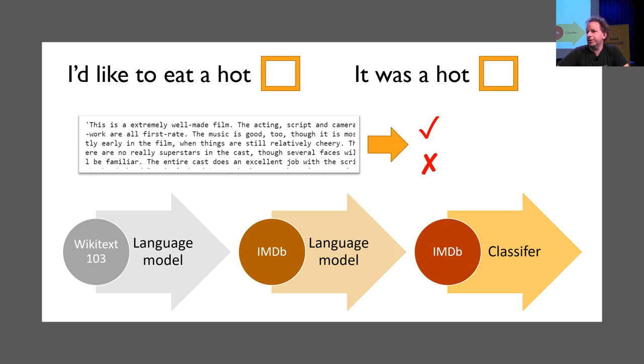Every time we make a mistake on one of those predictions, we get the loss, we get gradients from that, and we can update our weights and make them better and better until we can get pretty good at predicting the next word of Wikipedia. Why is that useful? Because at that point, I've got a model that knows probably how to complete sentences like this, and so it knows quite a lot about English and quite a lot about how the world works, what kinds of things tend to be hot in different situations, for instance.